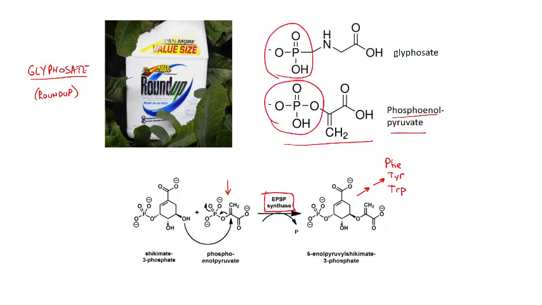All right, strictly speaking, it's a phosphonate on glyphosate, but who cares? They got a carboxylic acid on the other side. What's in the middle is a little bit different, but that doesn't matter. What's important is that these bind to the same site, but glyphosate can't react.